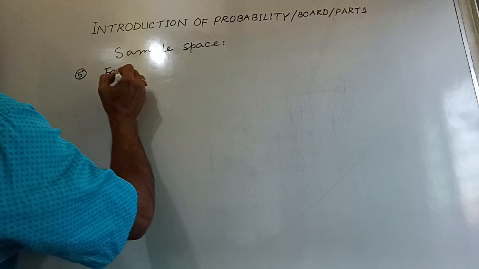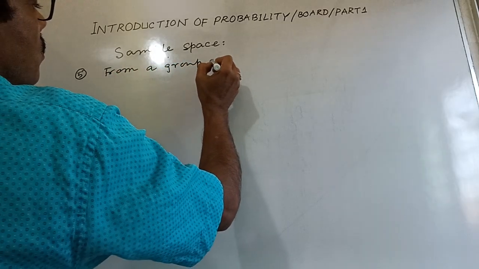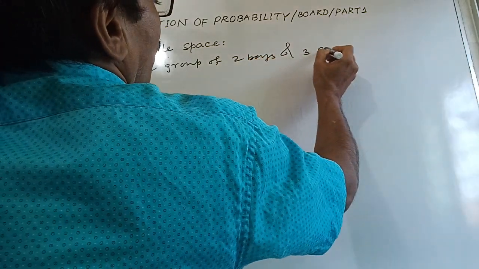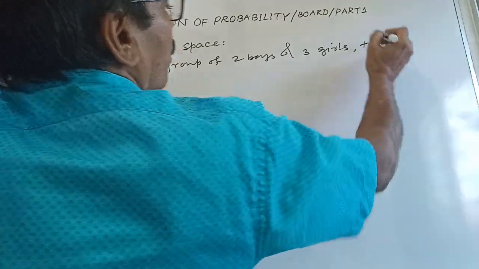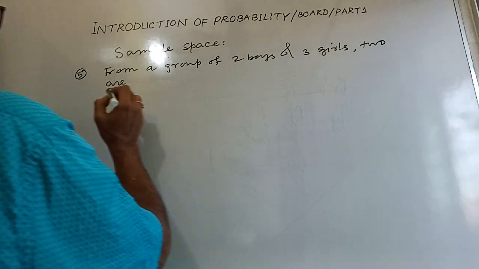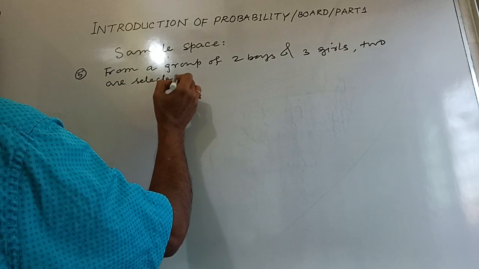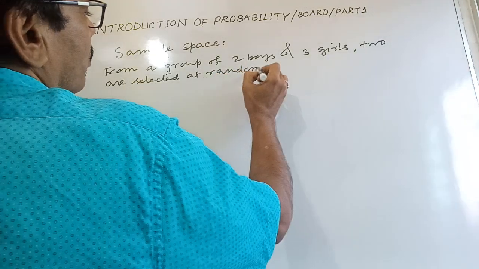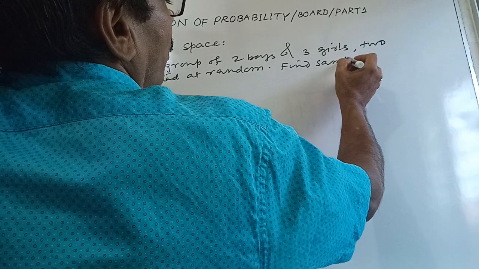From a group of 2 boys and 3 girls, 2 children are selected at random. Find the sample space.